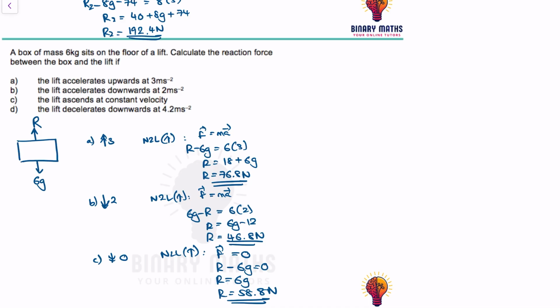For D, the lift decelerates downwards at 4.2. So it's going downwards, but it's decelerating at 4.2. So if it's decelerating, we say it's negative 4.2. So it's going down by negative 4.2. So Newton's second law again, applied vertically, then F is equal to mass times acceleration.